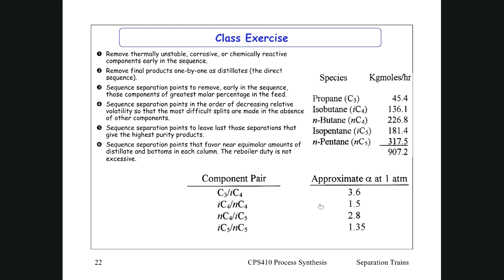This is the type of question I often give in the second semester test, where I give exactly this sort of information, and I say choose a sequence of distillation based on this data.